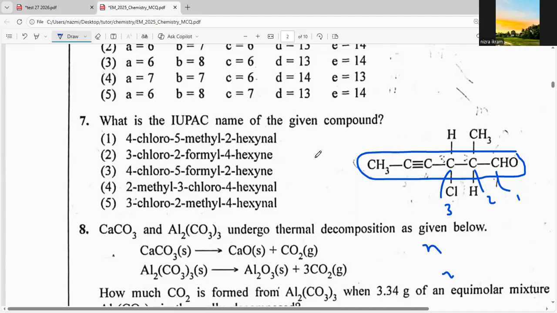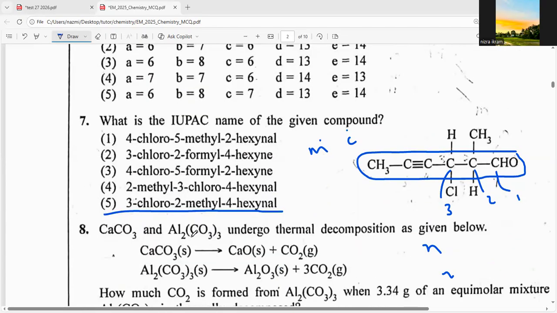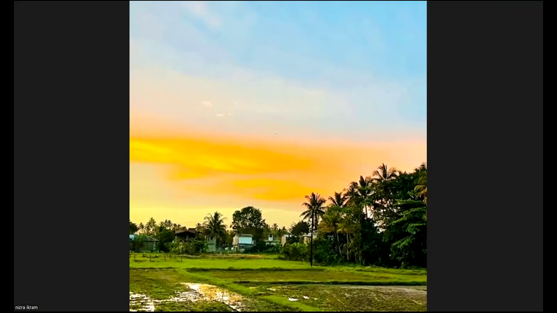Now here, methyl and chloro, you have to follow alphabetical order. It has to be 3 chloro first and then methyl. So fifth answer, okay? Okay, right? So I hope you're okay with naming.